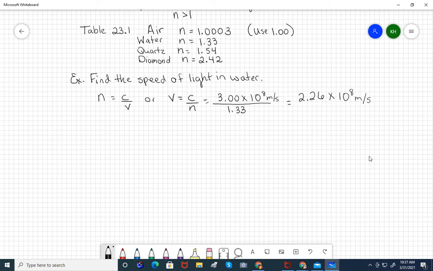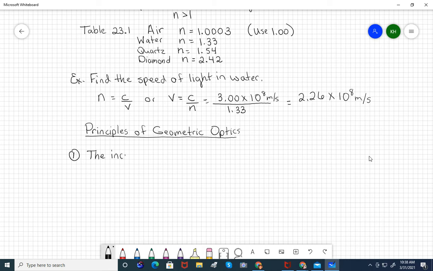Okay, let's start putting it together. Here are the big principles of geometric optics. First of all, the rays lie in the same plane.